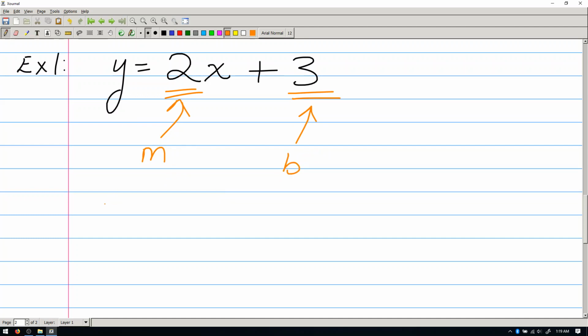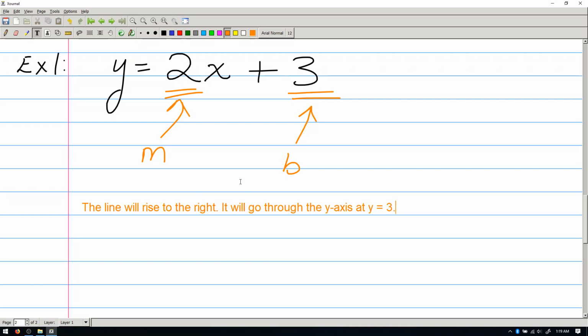So what this means is that the line will rise to the right. It will go through the y-axis at y equals 3. It will hit the y-axis at 3.